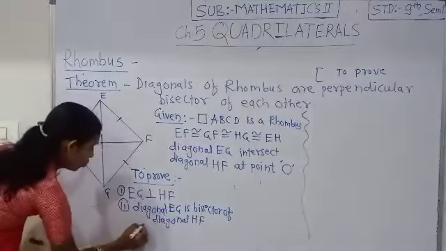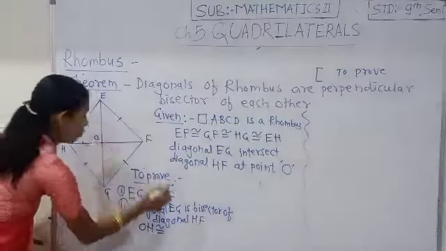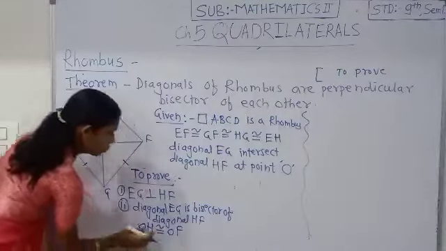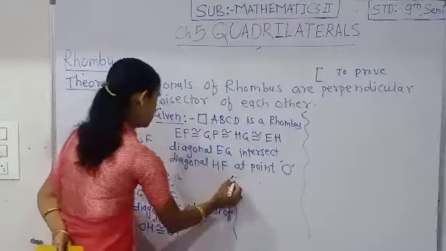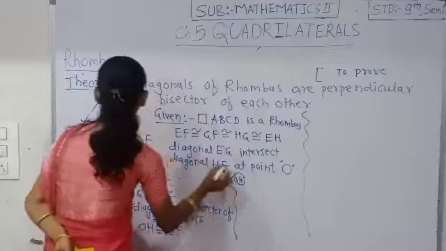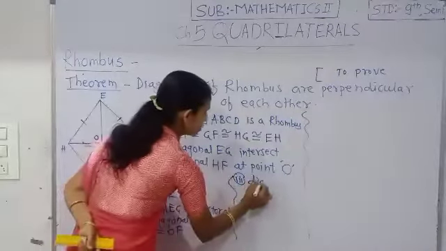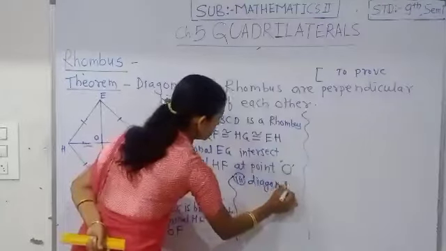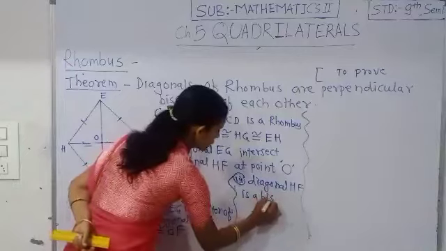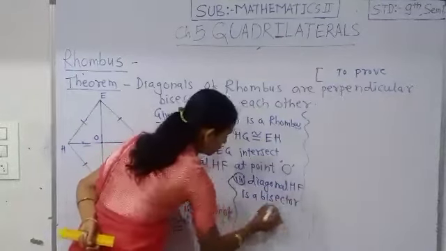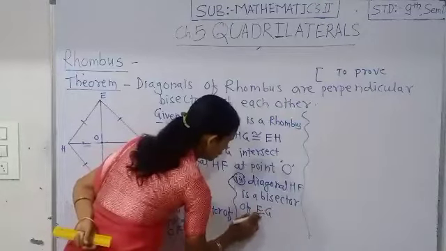That means here OH congruent OF. We have to prove this also, as well as here the diagonal HF is a bisector of EG, diagonal EG.